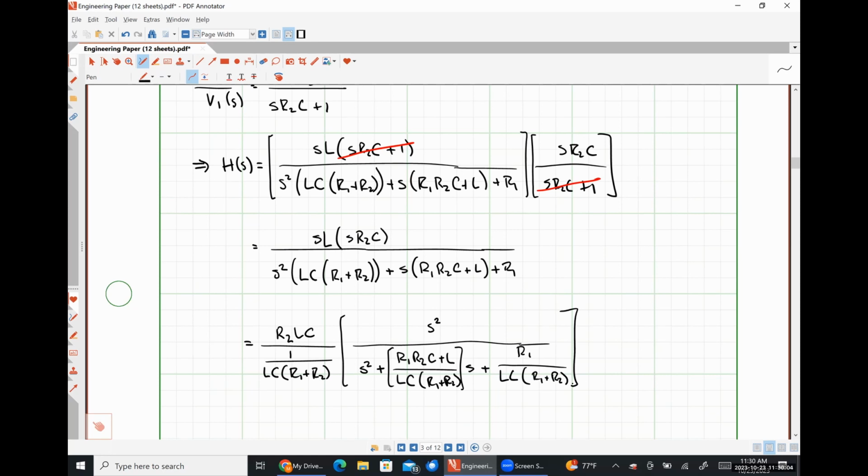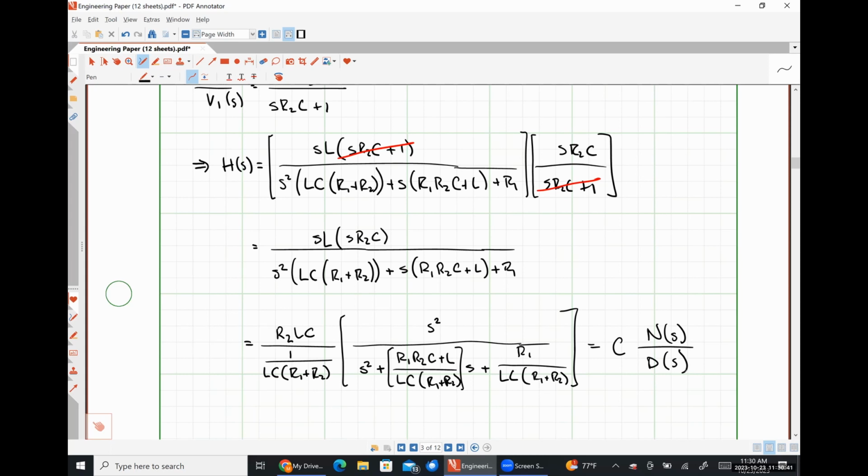And that's more of the form that we are used to, where we have effectively some constant value C multiplied by a numerator as a function of S and a denominator as a function of S. So this is what my quote unquote final form of this transfer function would be.